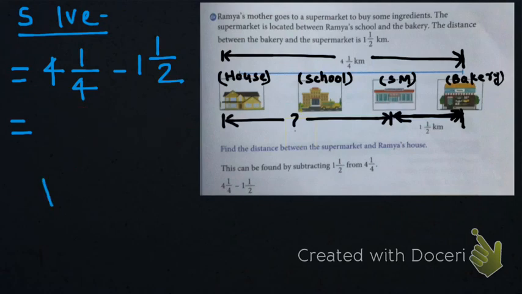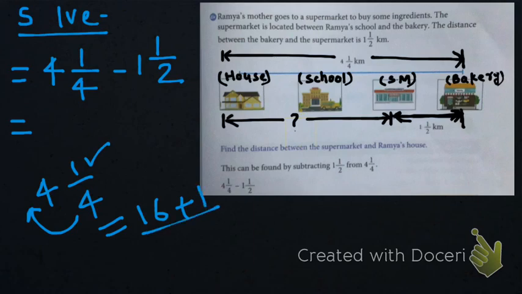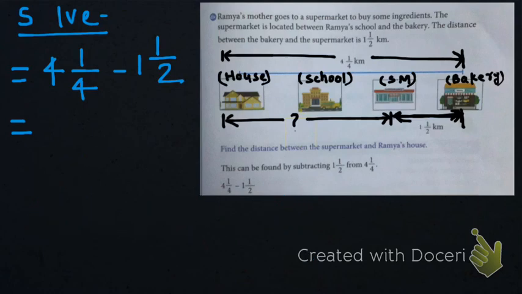This 4 1/4 will give 17/4. How? First you multiply 4 into 4, so it becomes 16, and then you add this 1, so 16 plus 1 divided by 4 gives you 17/4. Similarly here, 2 into 1 plus 1, 3/2.